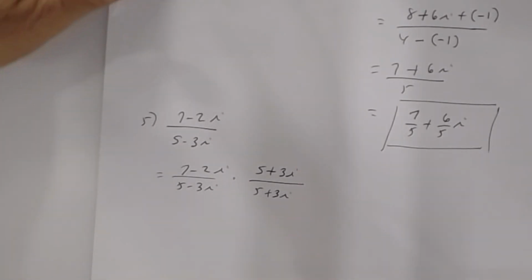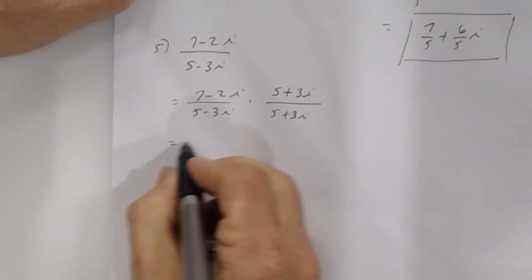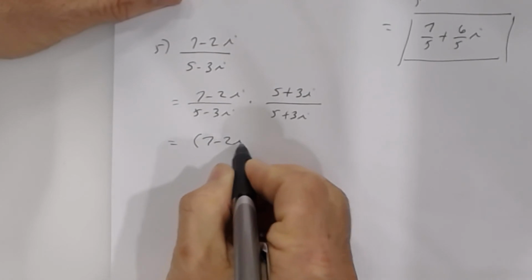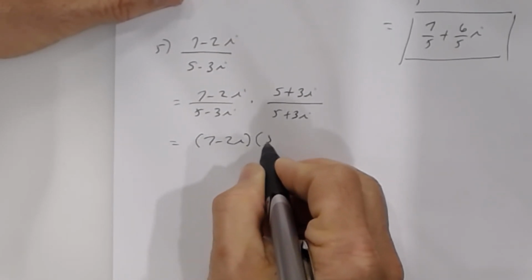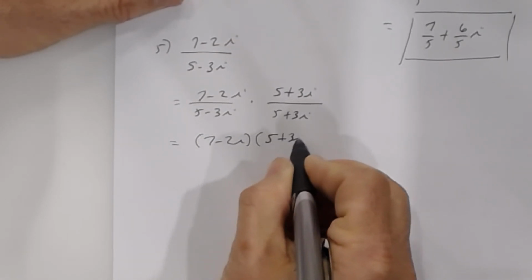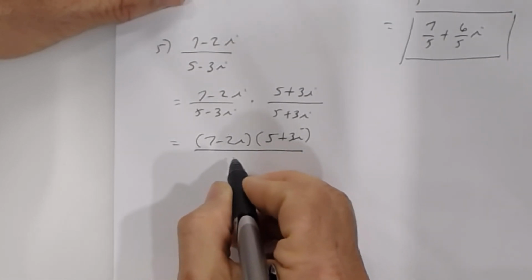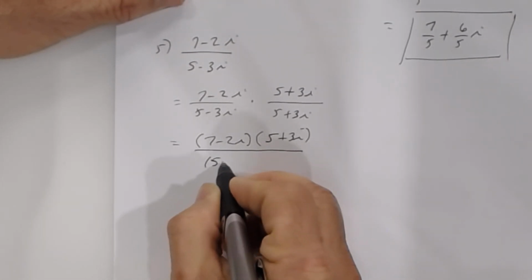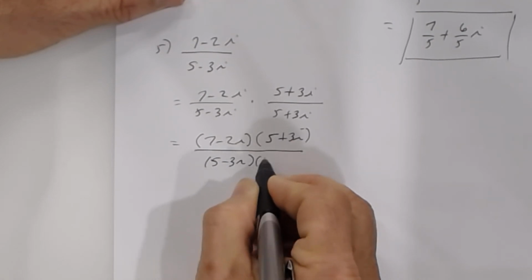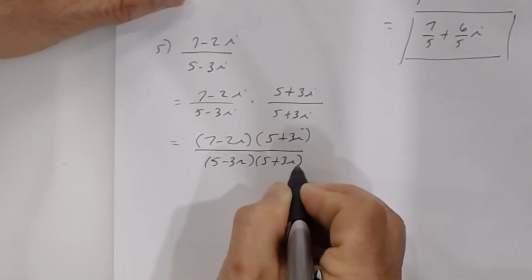You're going to say 7 minus 2i in parentheses times what? 5 plus 3i, in parentheses, divided by, and then what? 5 minus 3i in parentheses, times 5 plus 3i.